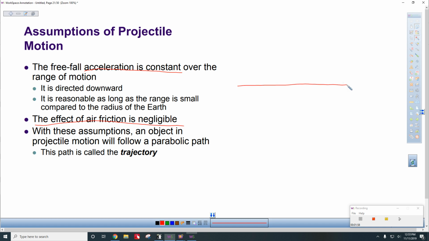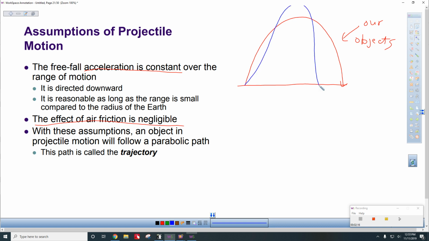So instead of having a completely parabolic path, the actual objects might move more similar to something like this because of what friction does to it. But it's going to give us a good enough idea so that when we get into higher level physics, we'll be able to figure this out. That's kind of the goal of this. We're going to figure this out later when we get older.